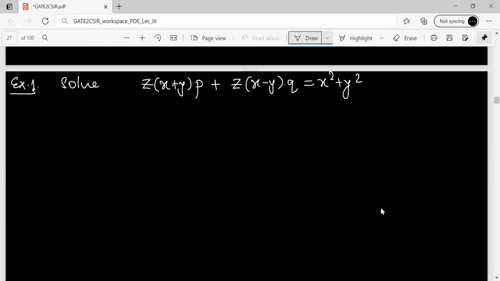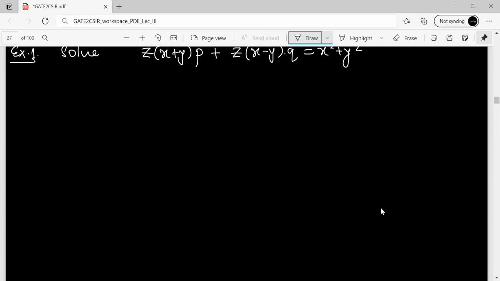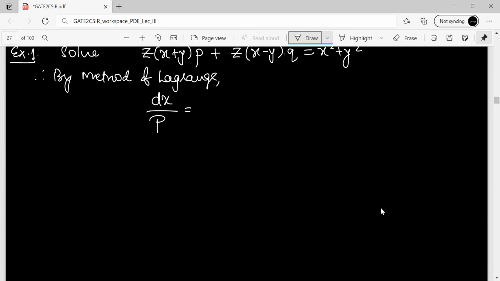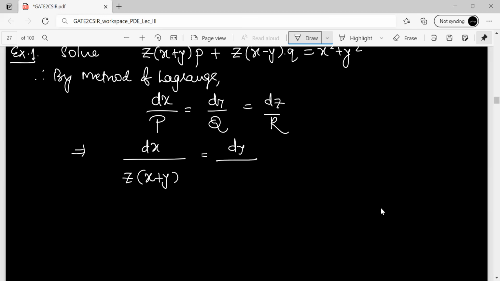Now again, you will apply the method of Lagrange: dx over P equals dy over Q equals dz over R. So from here you get dx over z(x plus y) equals dy upon z(x minus y) equals dz upon x square plus y square.